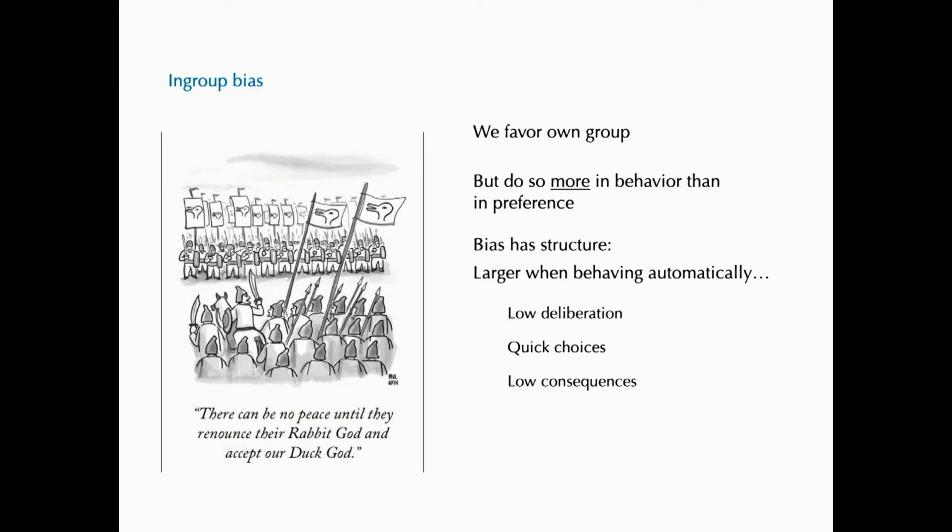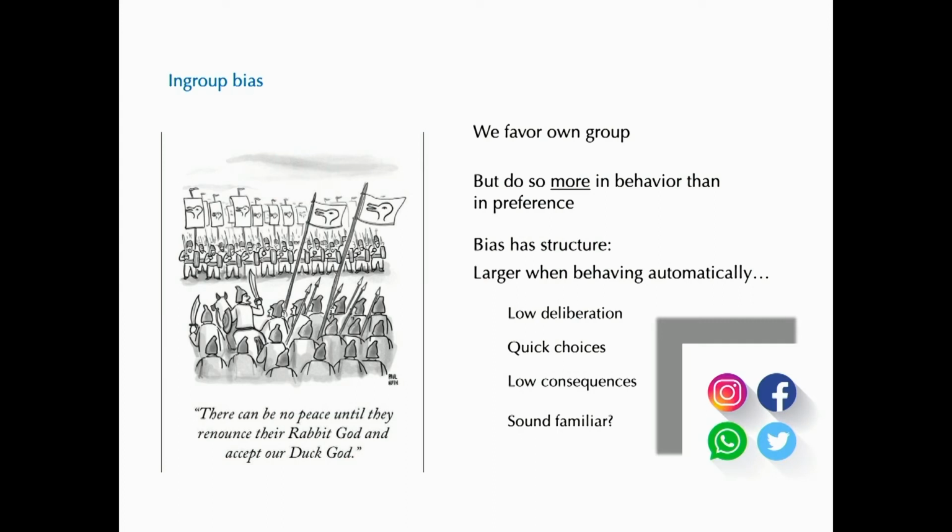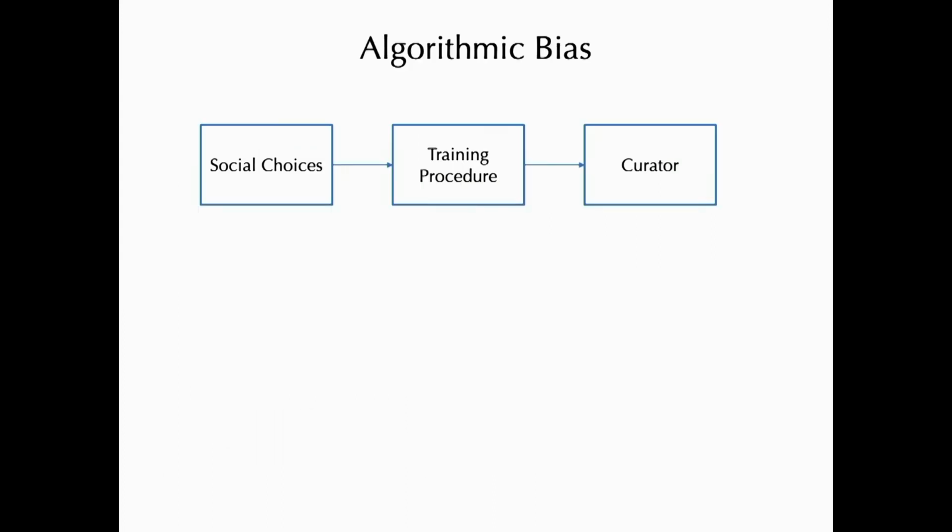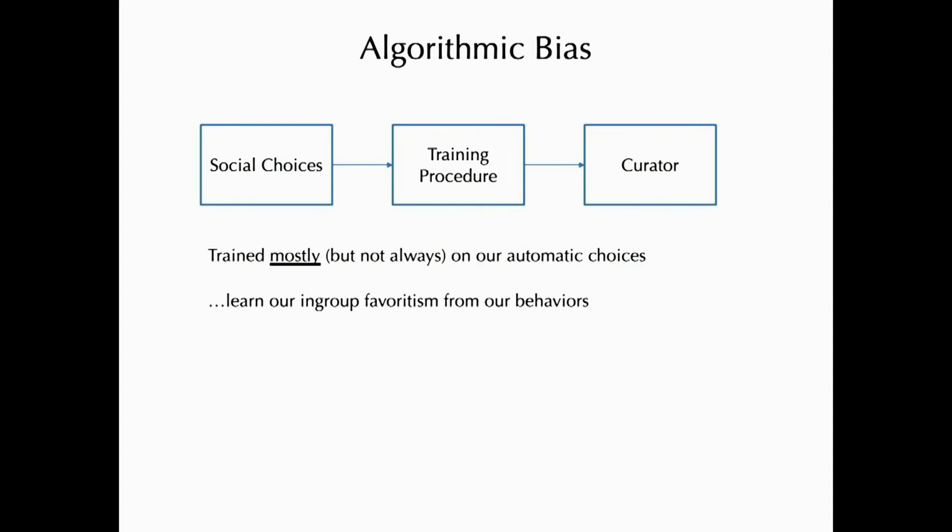I don't know if you all know of any low deliberation, quick choice, low consequence decisions that are out there, but I know a few. And what that means is that when we train algorithms on these social choices to curate, we're trained mostly, but not always, on these automatic choices. Which means the algorithms are going to learn our in-group bias, not our in-group preference.